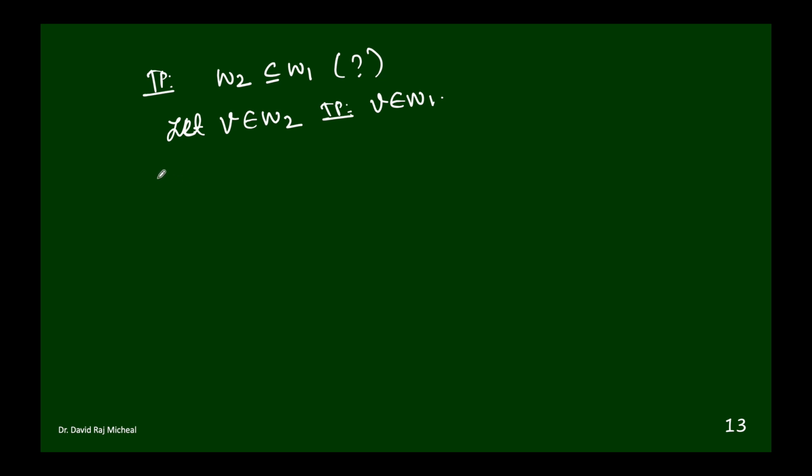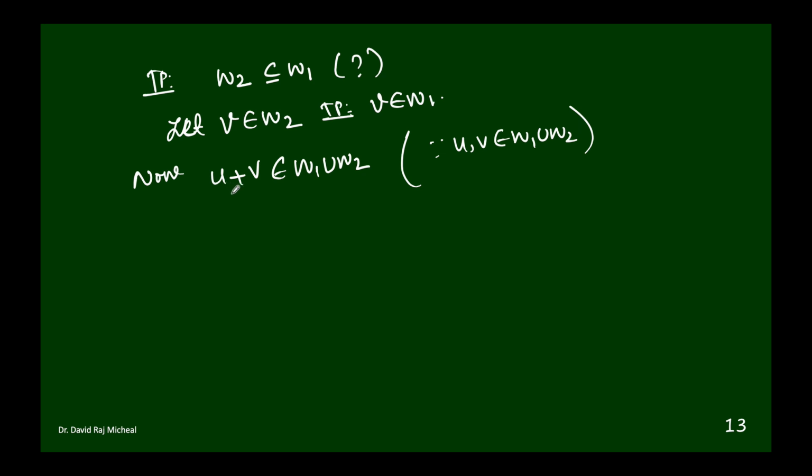Now let's say, what about U plus V? U plus V must belong to W1 union W2. Why? Because U belongs to W1 and V belongs to W2. Therefore, U and V must belong to W1 union W2, and addition is binary.